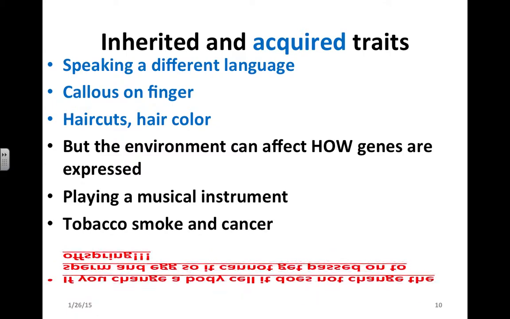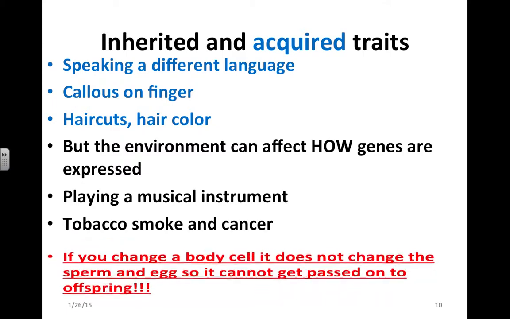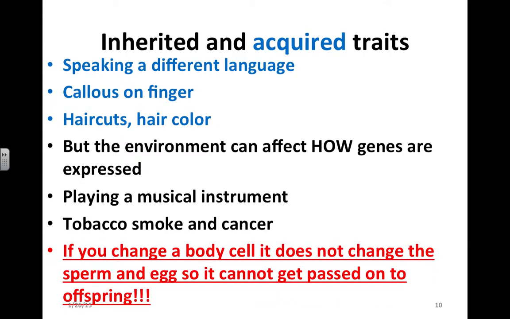Keep in mind, if you change your body cell, it does not change the sperm and egg, so it can't get passed on to offspring. Write this down, highlight it all in red, and then if you need to pause, you can, but this is what this means. Let's pretend that you get to be 20 years old and you're in an awful accident and you lose one of your fingers. Okay, so now you've changed your body cells.